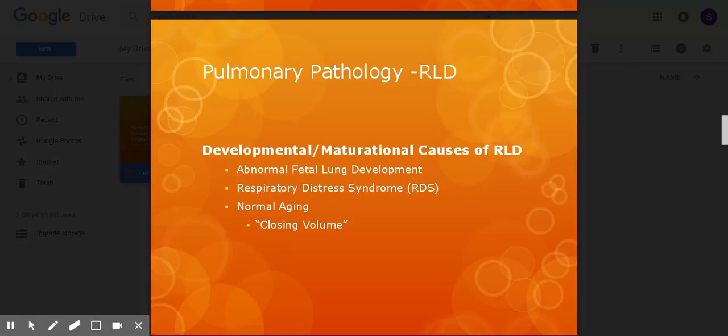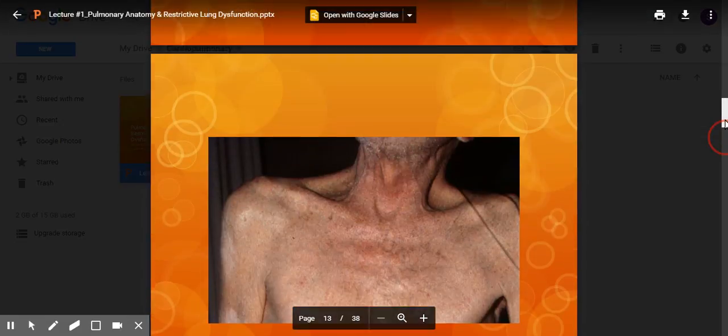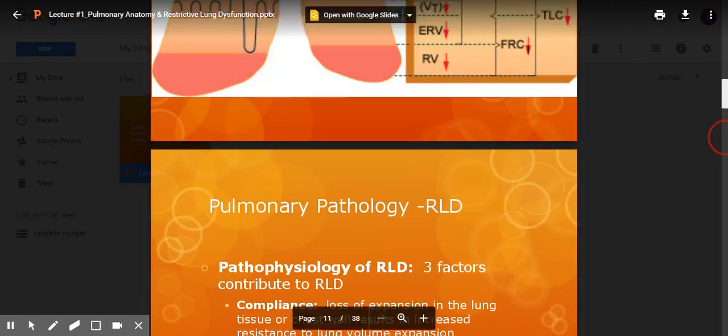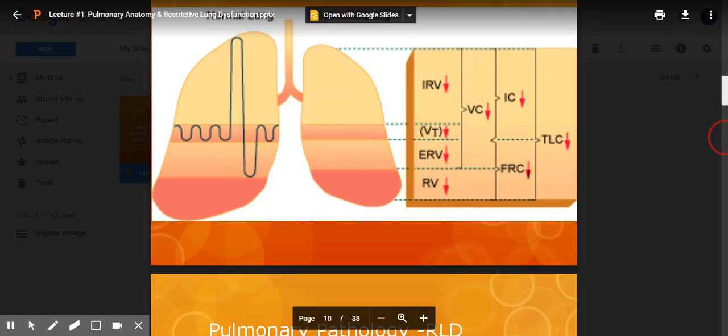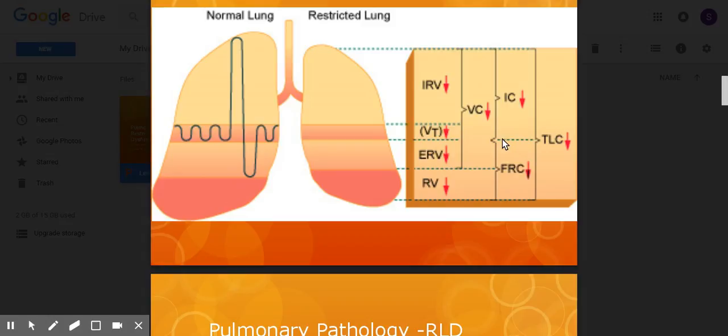By age 55, the small airways have closed at or above the functional residual capacity in a supine position. So again, that FRC is the threshold right at which your tidal volume is occurring.